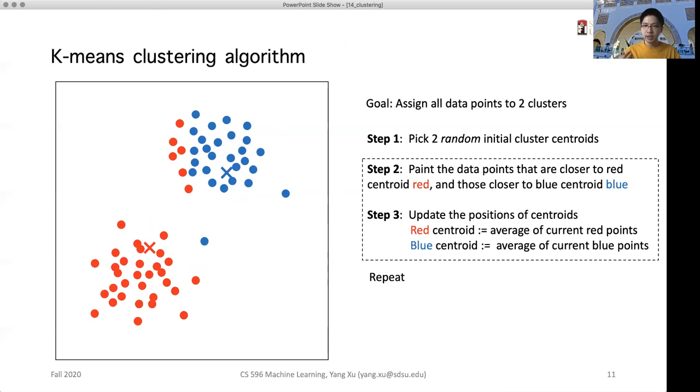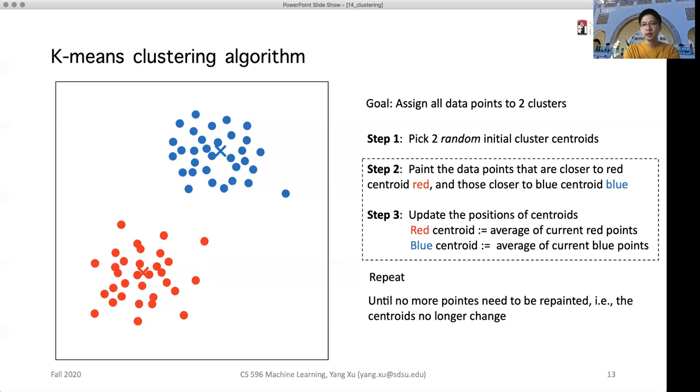Anyway, let's repeat these processes until the positions of the centroids no longer change, or until no more points need to be repainted. That is the step where we stop, and we say that the algorithm has now converged to a stable state. The colors assigned to each data point no longer need to be changed.